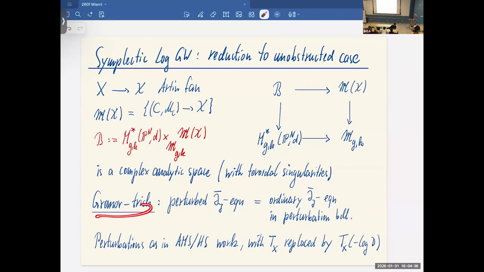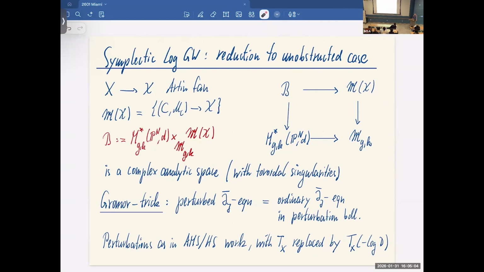So the Gromov trick tells you you can trade a perturbed del bar J equation for an ordinary del bar J equation in a perturbation bundle, okay? And the perturbations work as in Abu Zaid, McLean-Smith, or Hirsch-Swaminathan, except you replace TX by the logarithmic tangent bundle. Not much change.